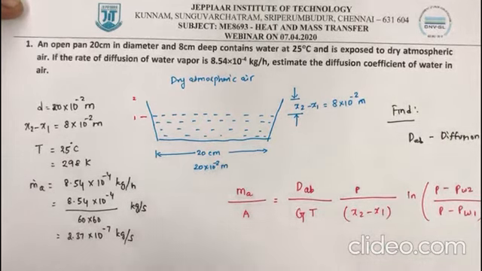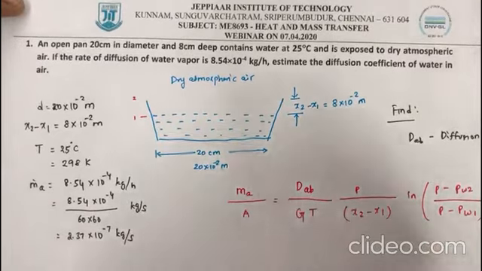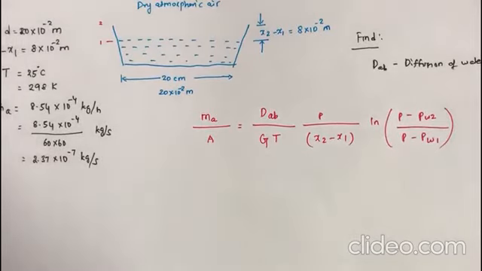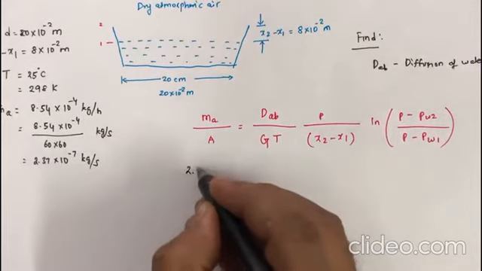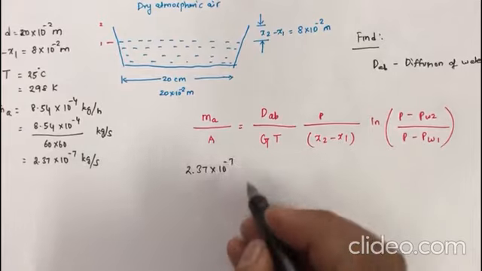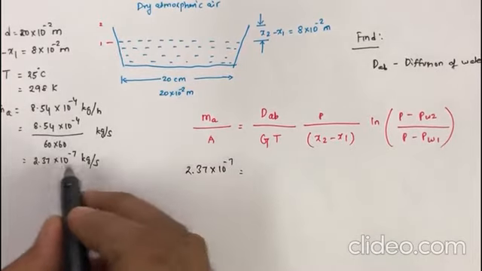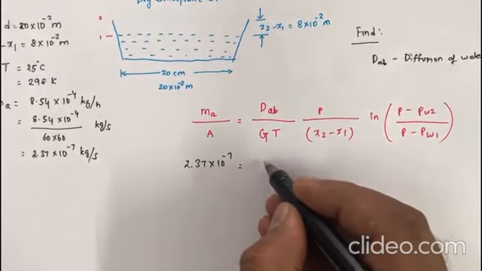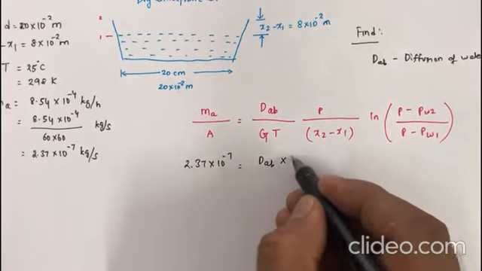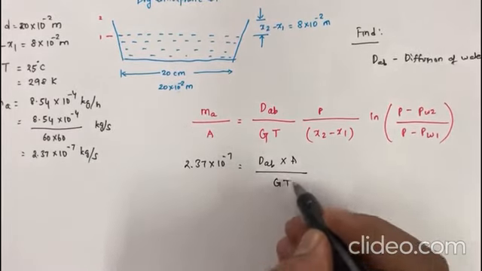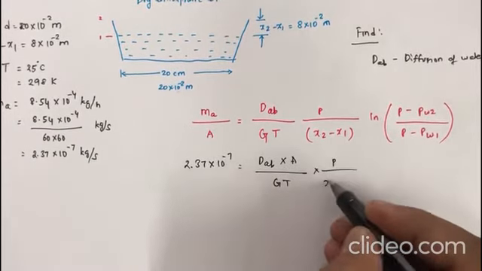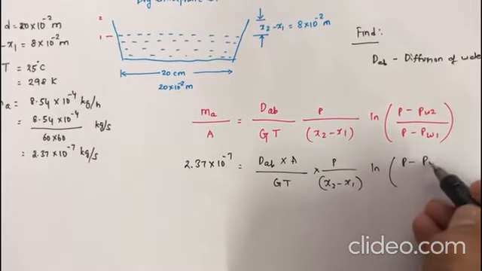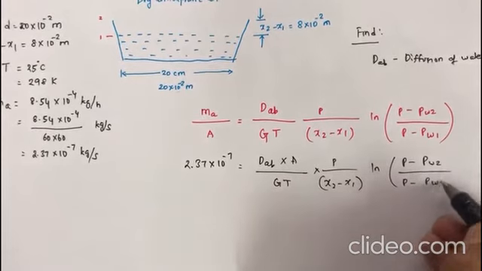Mass flow rate of A is given as 2.37 into 10 power minus 7, which we arrived at here, is equal to DAB into A divided by GT into P by x2 minus x1, natural logarithm of P minus PW2 by P minus PW1.